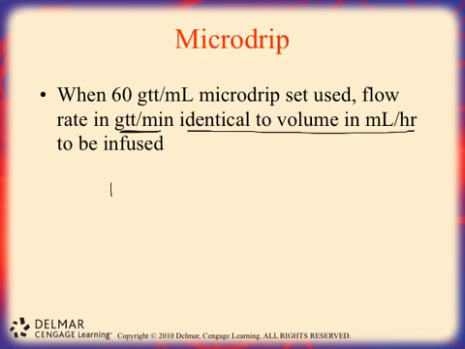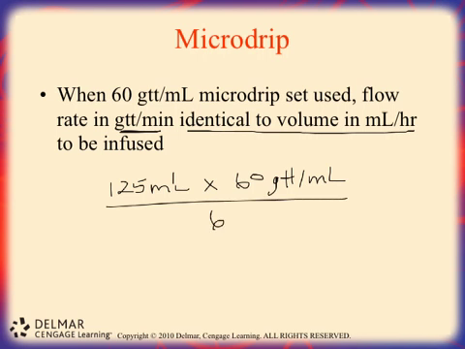If we have 125 milliliters times 60, that's our drop factor, per milliliter, over 60, these are always going to cancel out and leave you with 125 drops per minute.